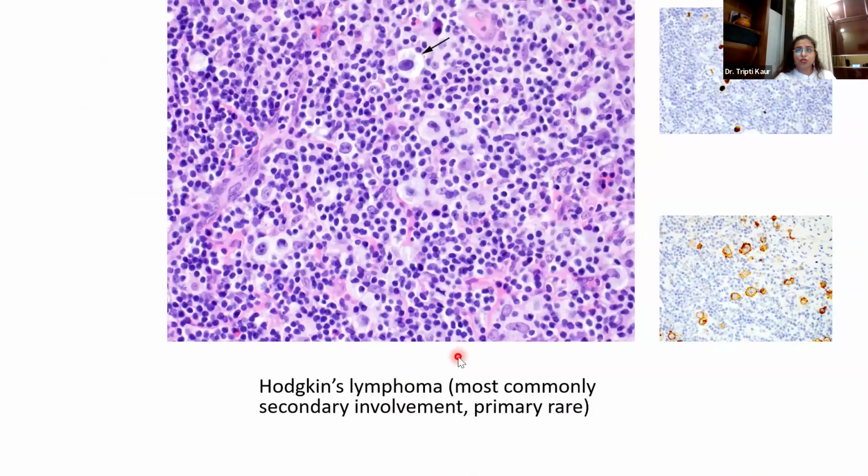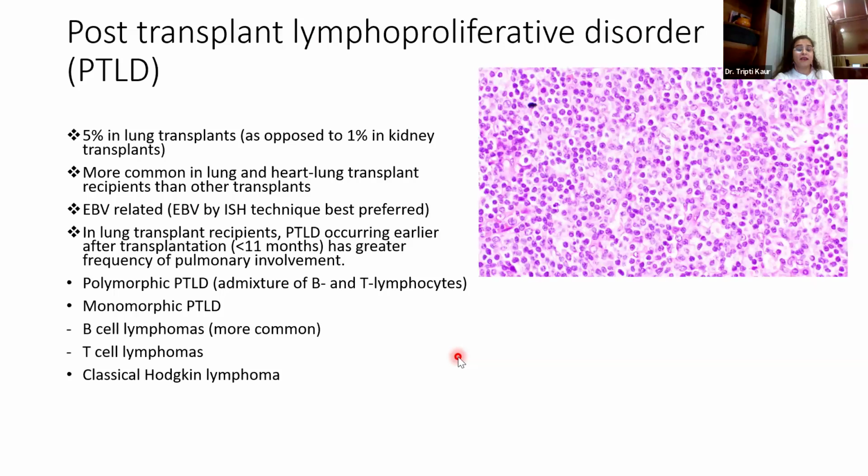You should remember that all these hematological malignancies like Hodgkin's lymphoma, Rosai-Dorfman disease, and PTLD can come in lung also. More so, PTLD is very, very common in lung transplant patients because it comes very early, almost less than 11 months after the transplant is done.